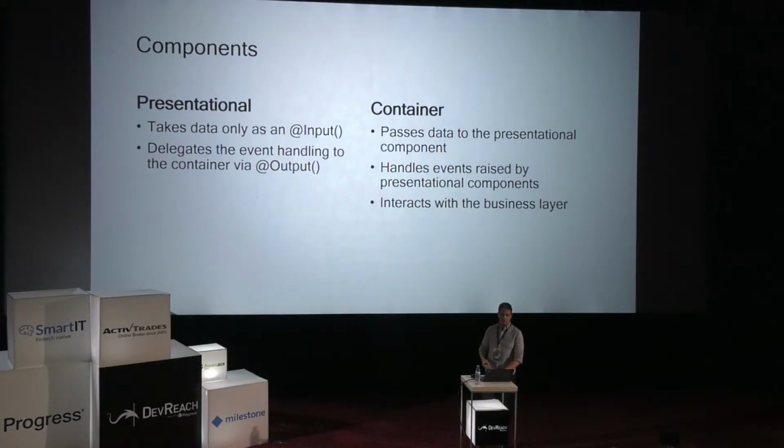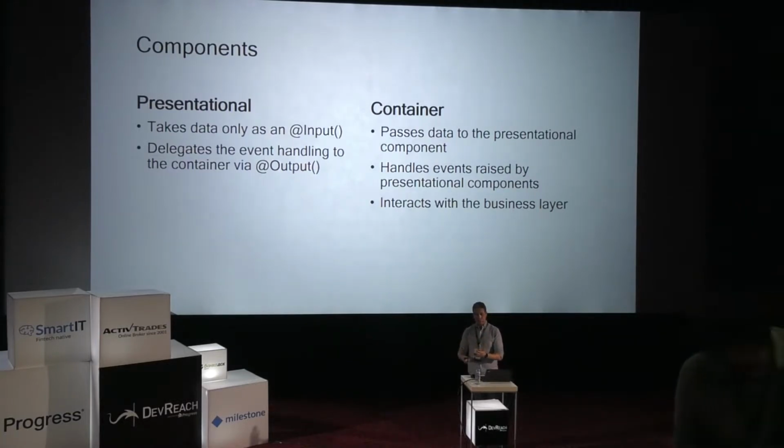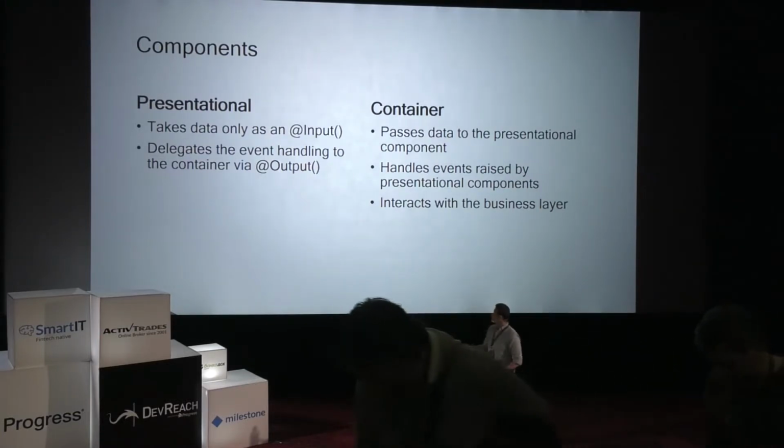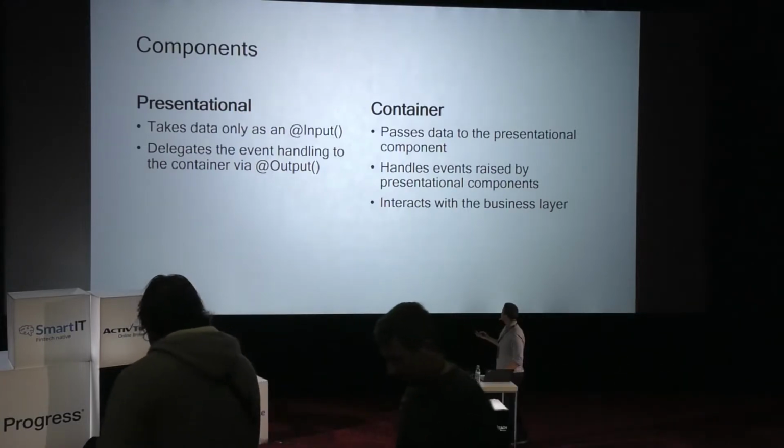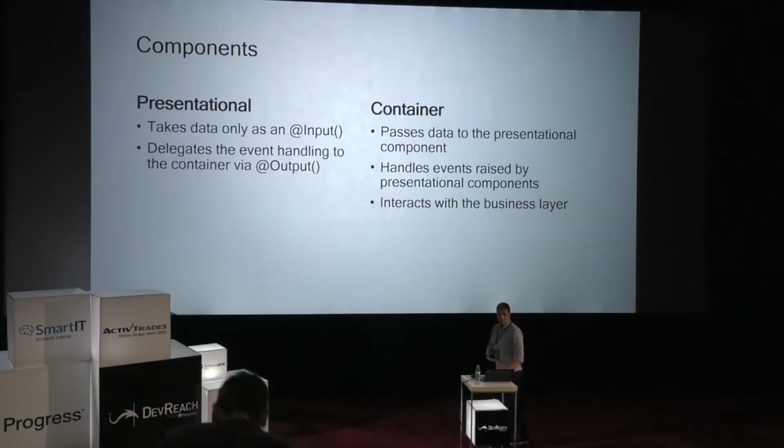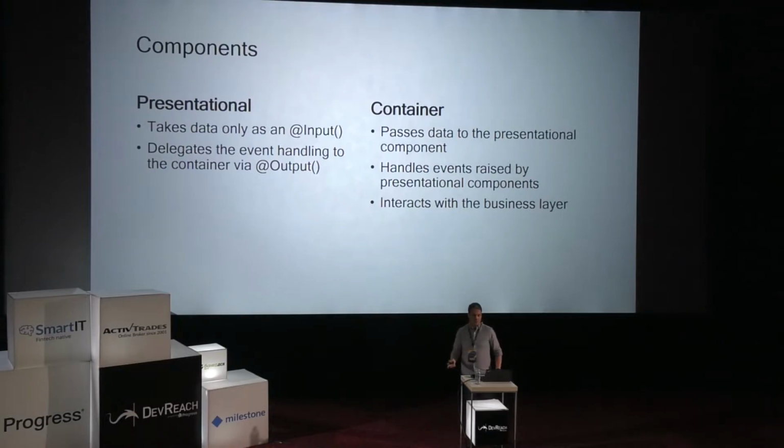So the member who's responsible for these components knows how to render them. The containers, on the other hand, talk to our business layer. They handle the events. They know what to do when some event occurs, and this event is being raised by our dummy component. And the container also knows where to get the data to pass to our presentation component.